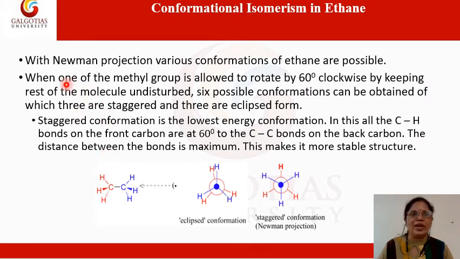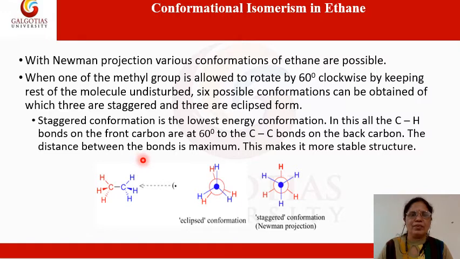When one of the methyl groups is allowed to rotate 60 degrees clockwise by keeping the rest of the molecule undisturbed, 6 possible conformations can be obtained, of which 3 are staggered and the other 3 are eclipsed forms.